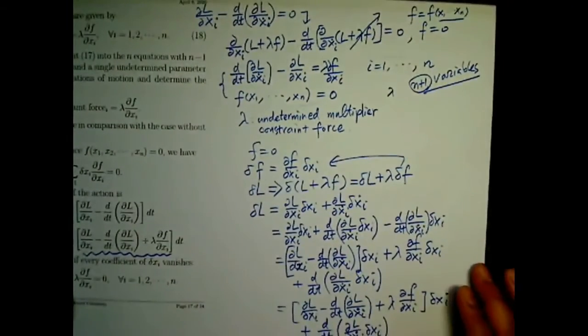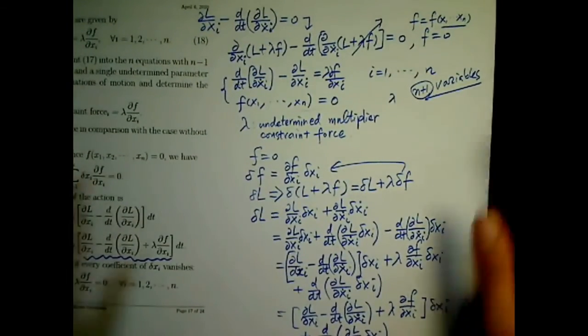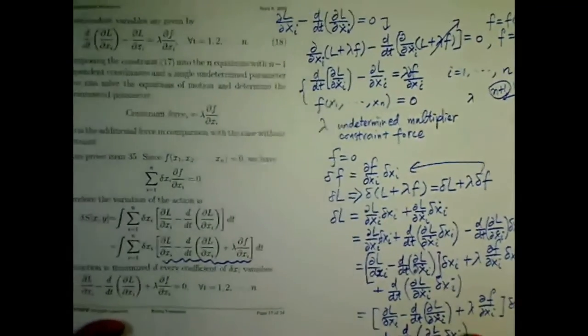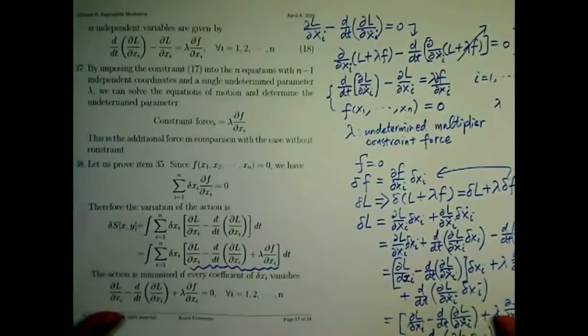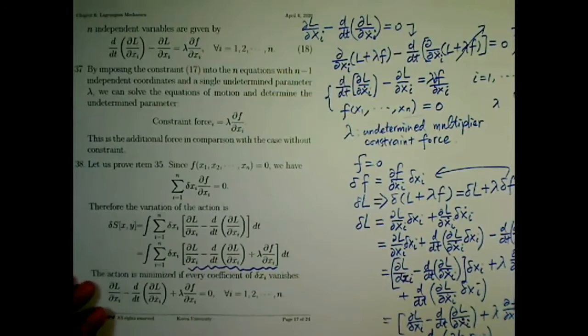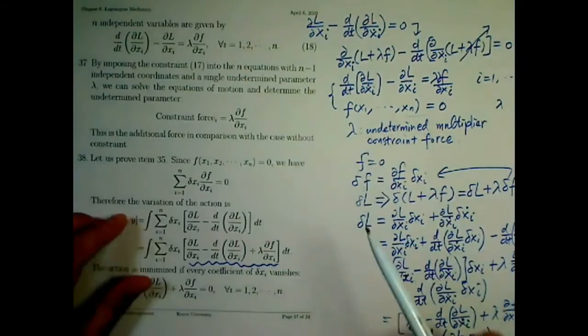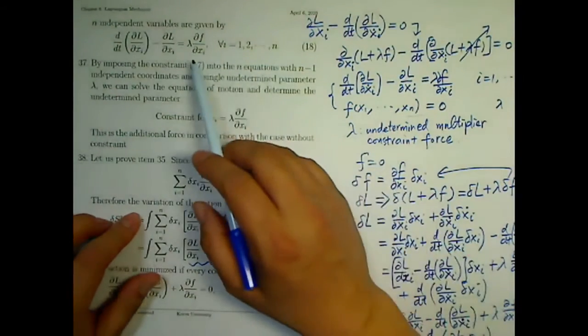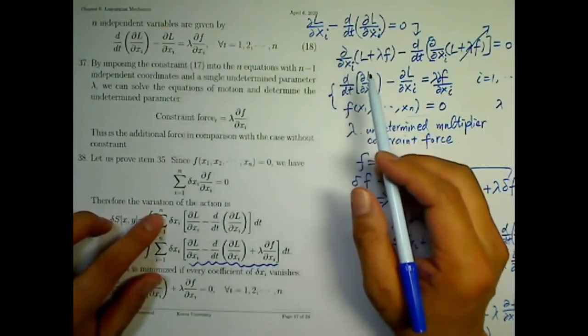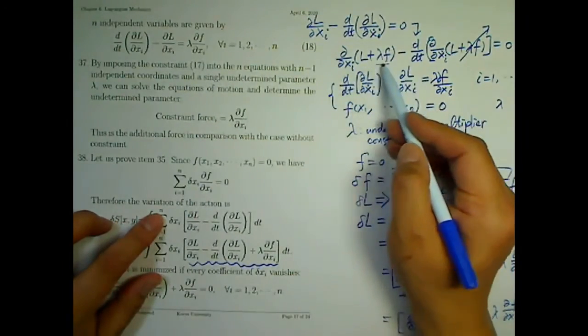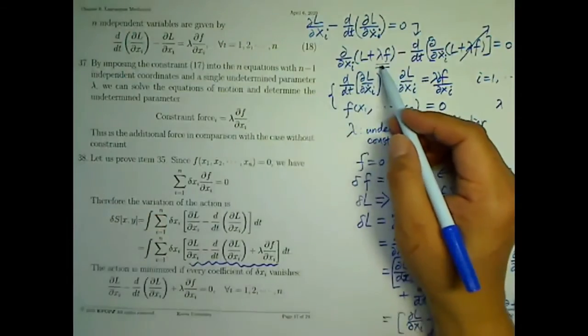Now, let us consider the approach of Lagrange's undetermined multiplier. Lagrange's undetermined multiplier is the method where we add to the Lagrangian a term which is actually vanishing.